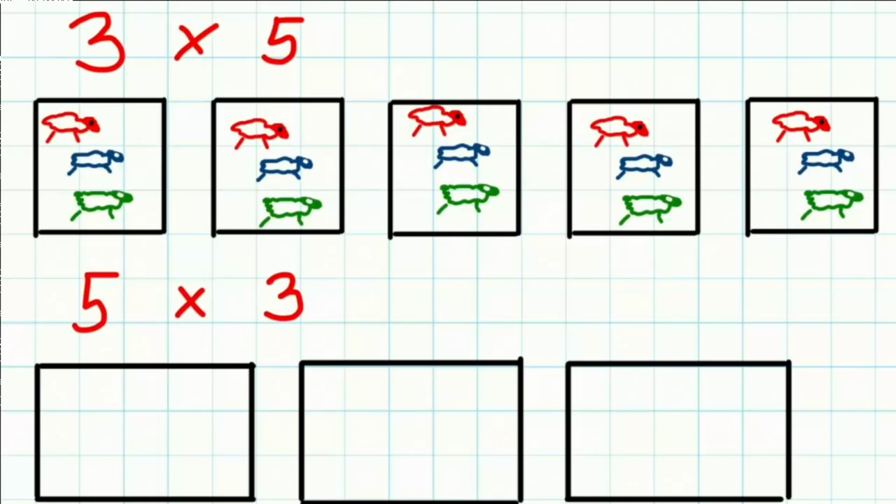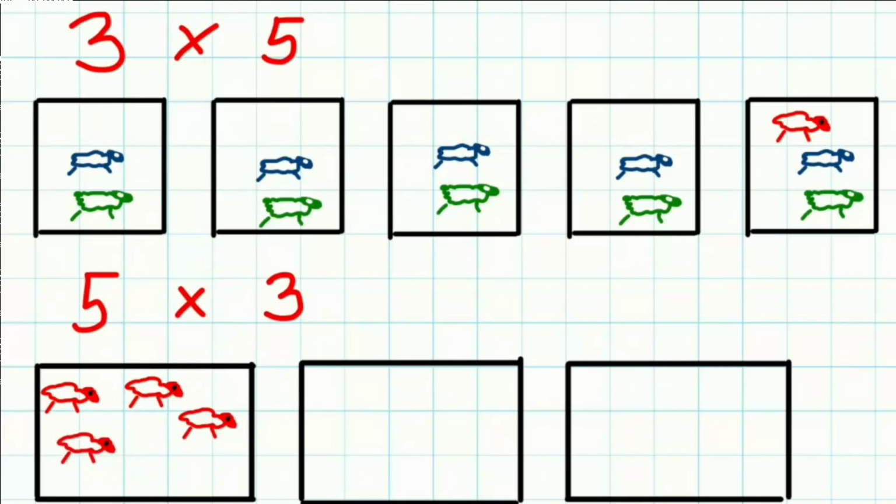So what if in each field, we colour each sheep red, blue or green, and then we could put all the red sheep into one of the fields. So that first field, we put all of the red sheep. And now we've got 2 more empty fields.